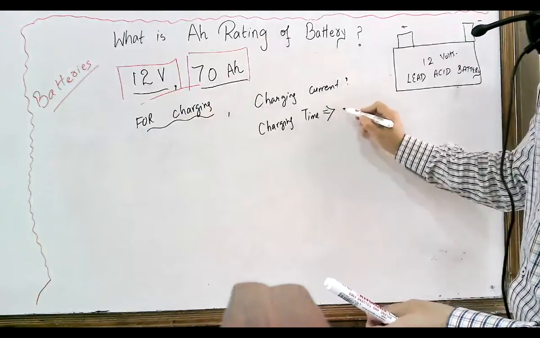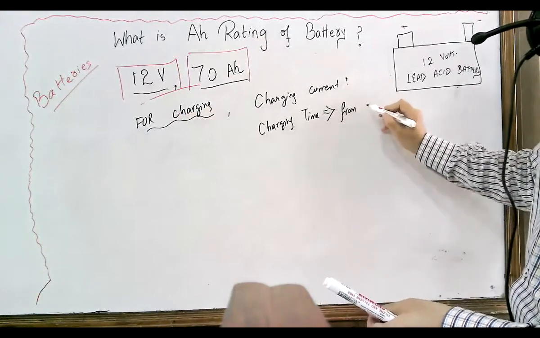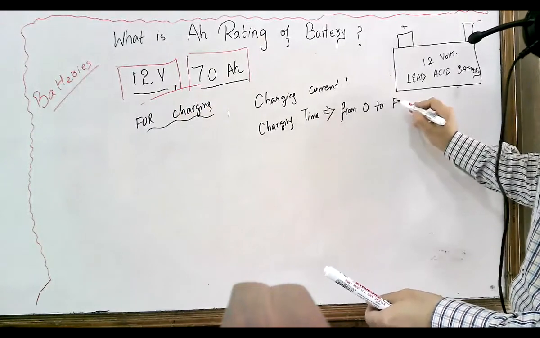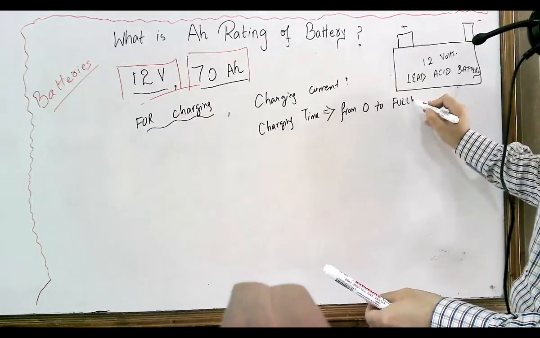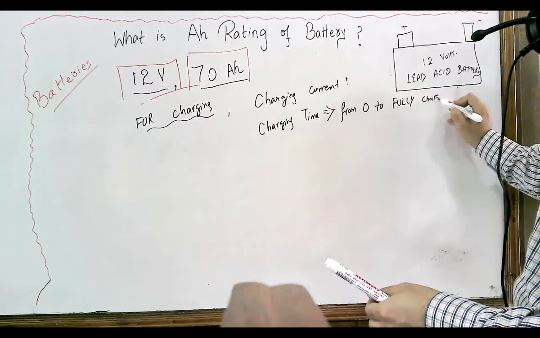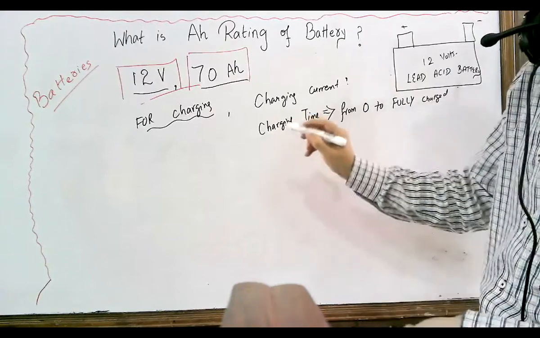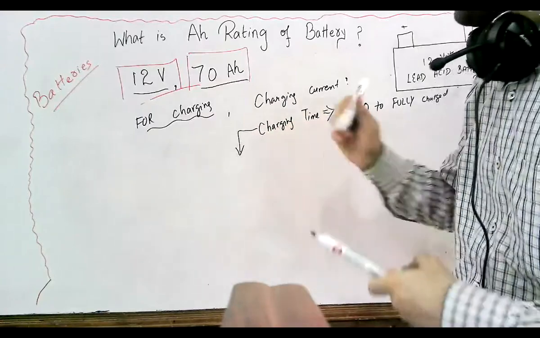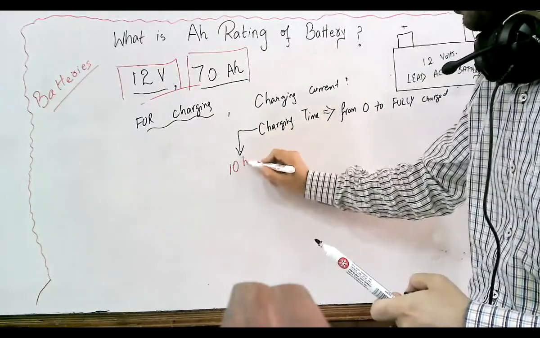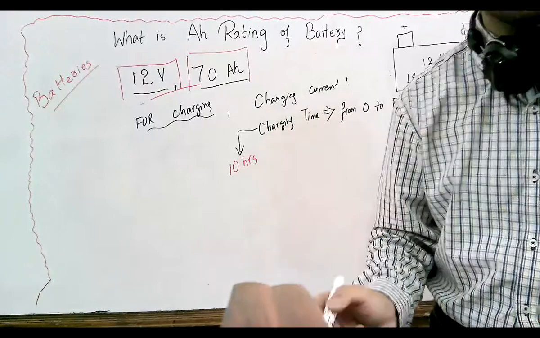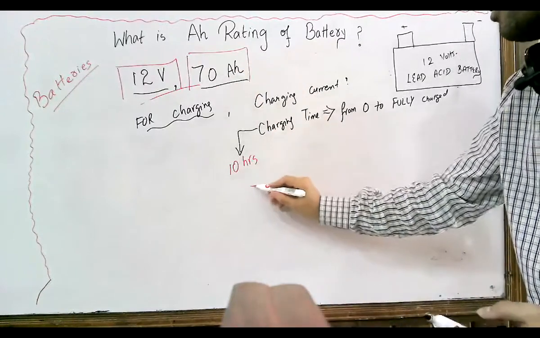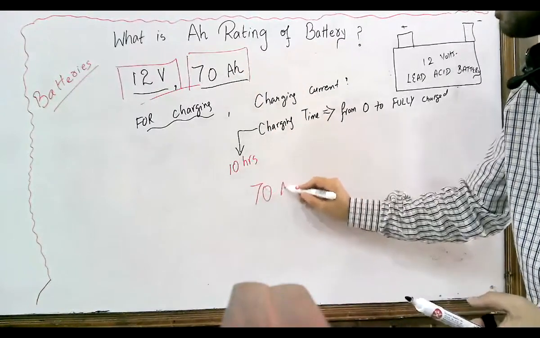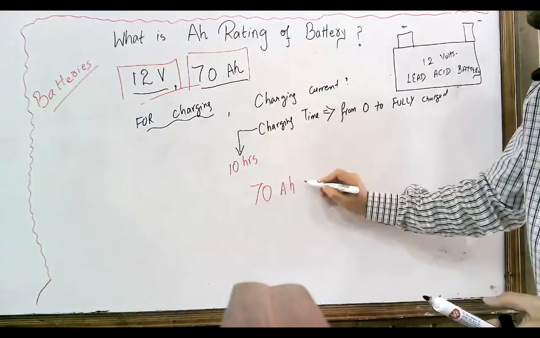That from 0 to fully charged. It is normally what we do this. The charging time as a universal standard is taken as 10 hours. Okay, now what will be the charging current? Again, you know the rating of the battery, this is 70 ampere hour. What does it mean?